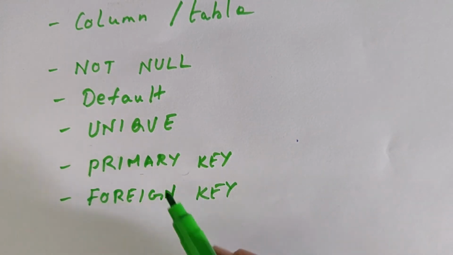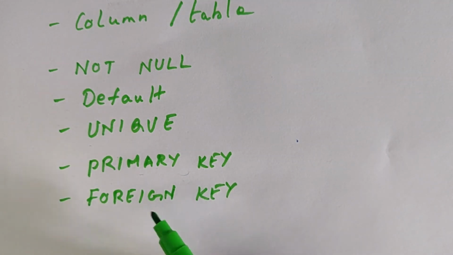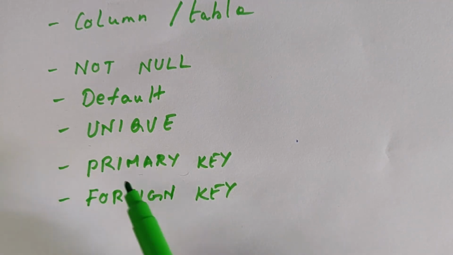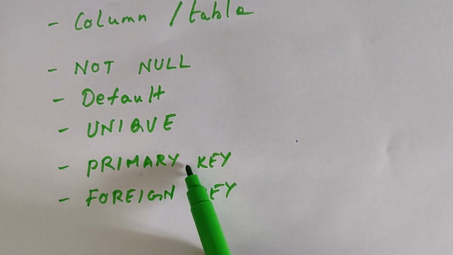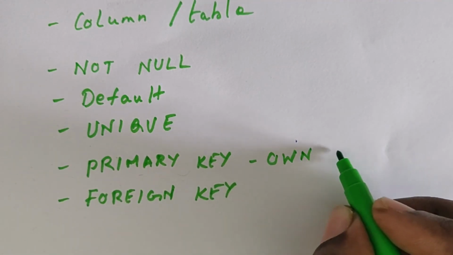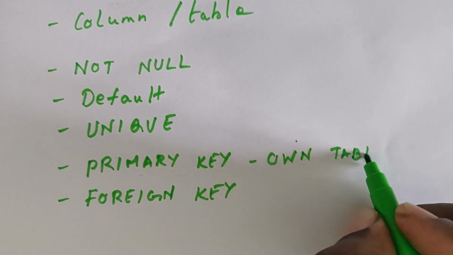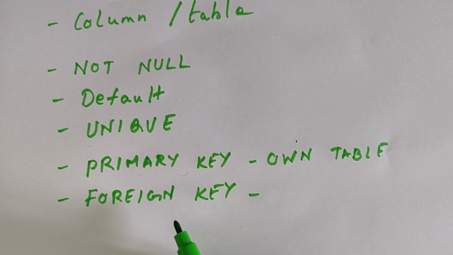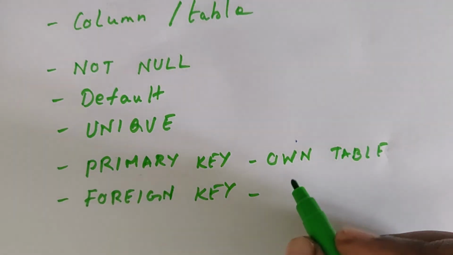Okay, the usage of primary key and foreign key is to uniquely identify a record in a database table. The one difference is that a primary key is used in our own table, the table we are working with. A foreign key is used when we want to uniquely identify data from another, secondary table and use it in our own table.